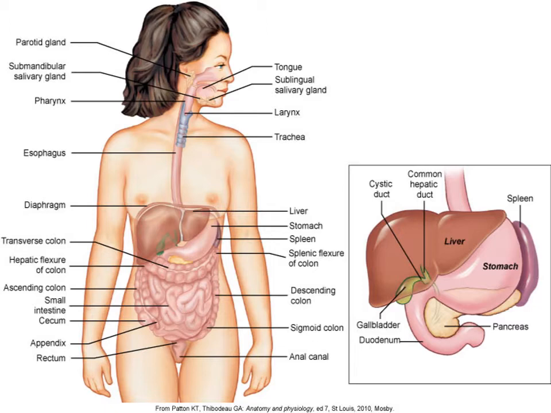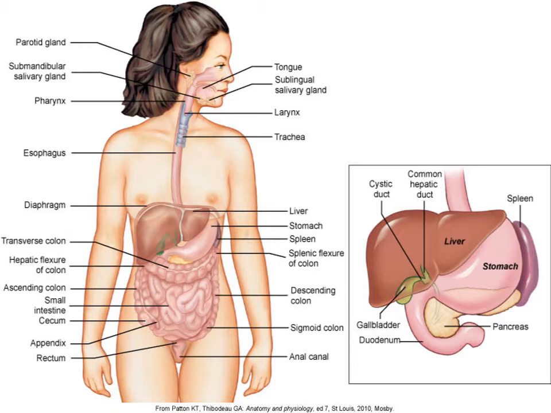You also have an enzyme in your stomach that starts to break down the proteins called pepsin. It's an enzyme that's converted from pepsinogen to pepsin, and that starts to break down proteins.